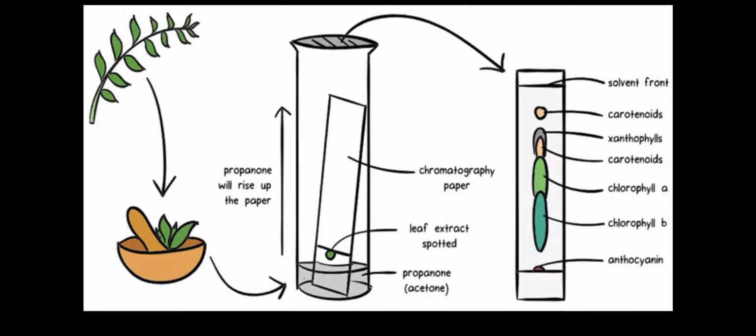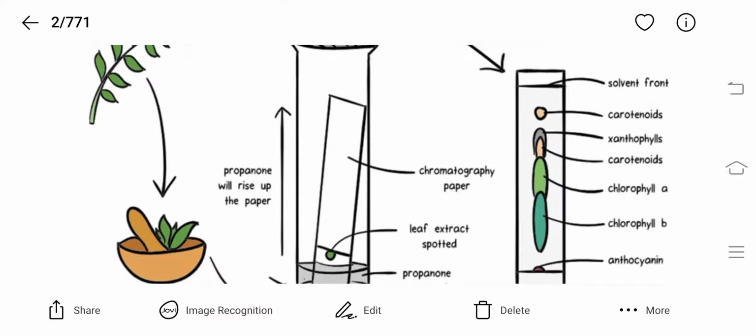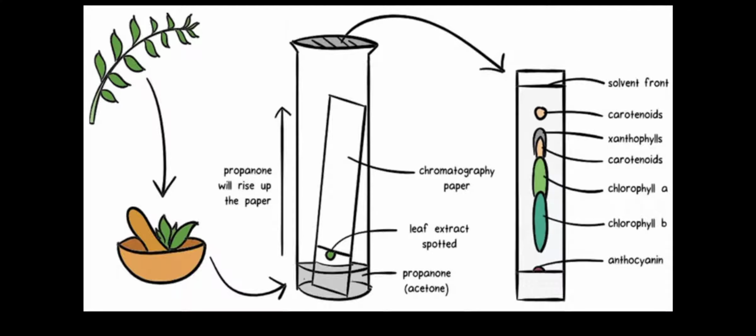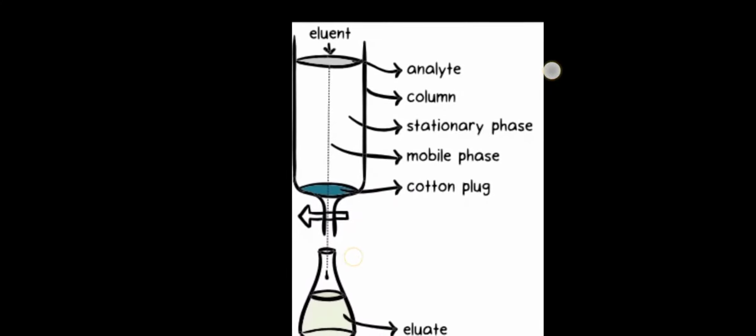It will not react with either, and it will just travel and facilitate the travel of the leaf extract, and the leaf extract is separated into different color pigments like anthocyanin, chlorophyll B, chlorophyll A, carotenoids, and xanthophyll, up to here where the acetone traveled.